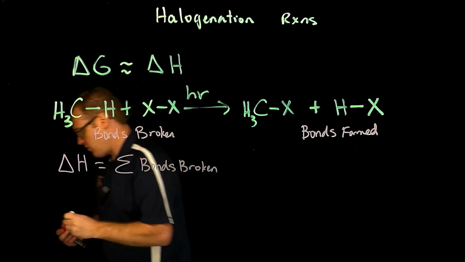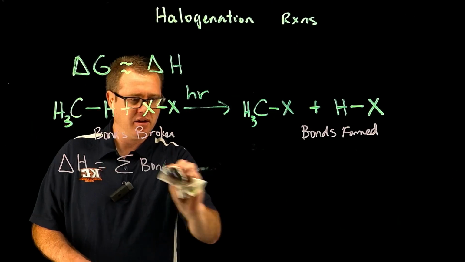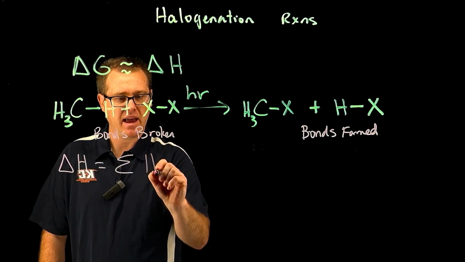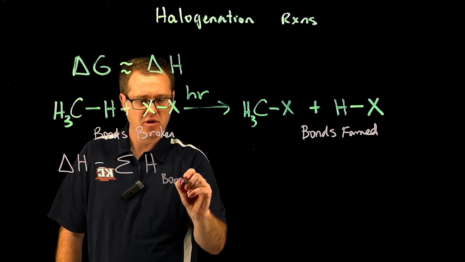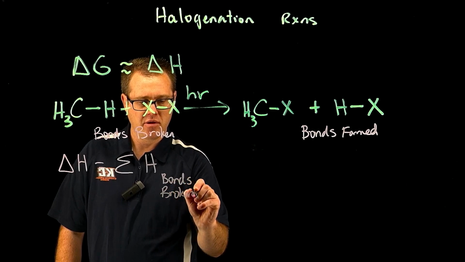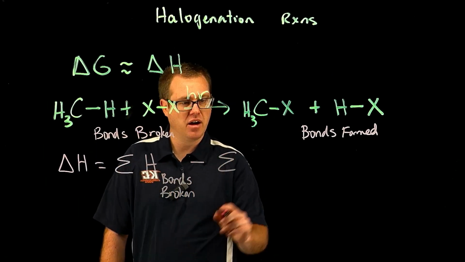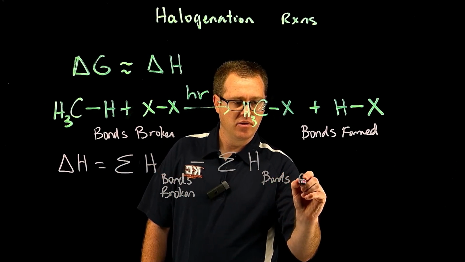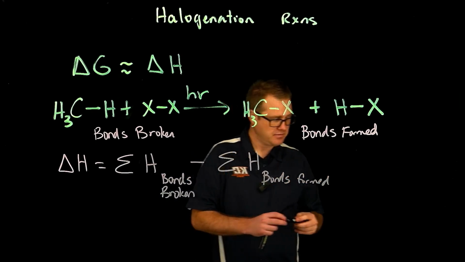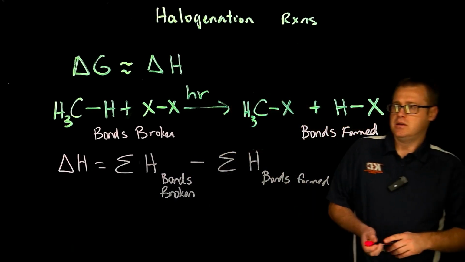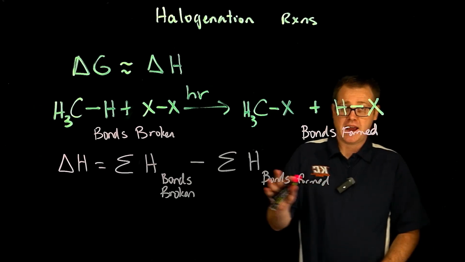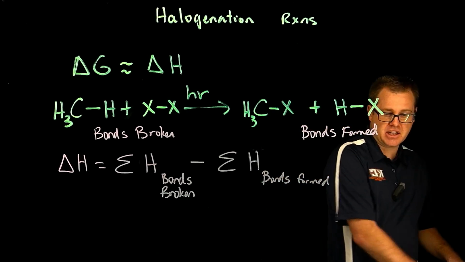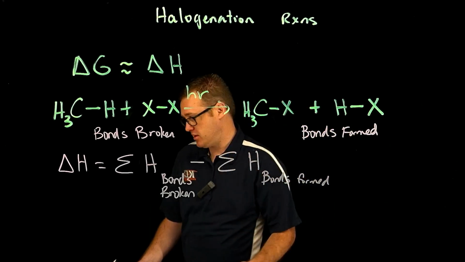Well, to be more precise here, it is the sum of the enthalpy of the bonds broken, minus the summation of the enthalpy for all the bonds formed. Like that. So what we have to do is then go into our tables and take a look at the bond association energies for the halogens of interest.